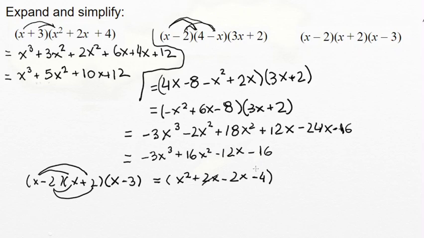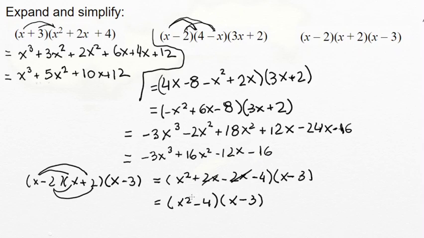So we can see that we're going to cross those terms out, and we're going to get something shorter. And the term that we had before, that we didn't do anything with so far, x take away 3. So we have crossed those out. So we've got now x squared minus 4 times x take away 3.